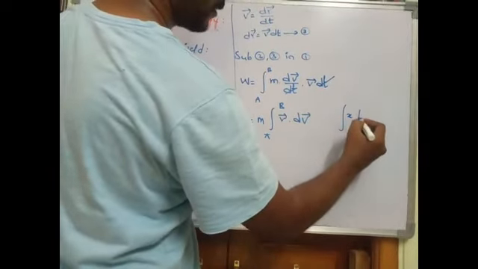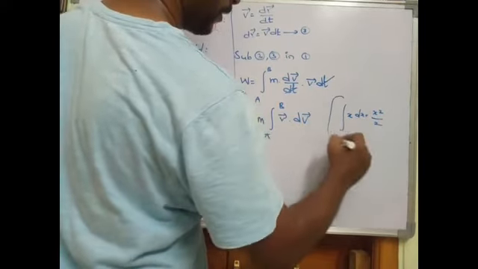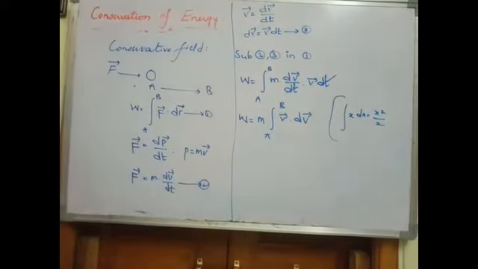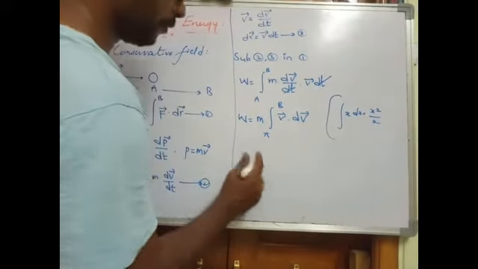Integration of x dx is equal to x square by 2. Now applying that law, what do we get here?